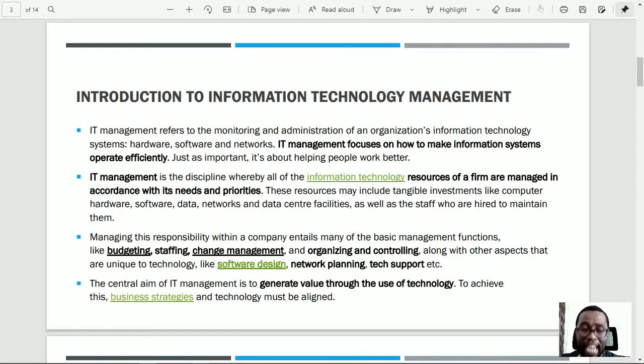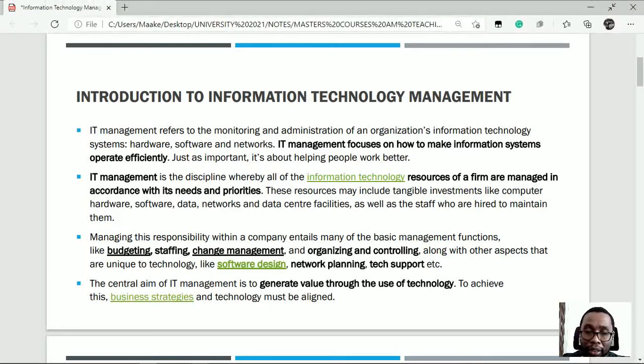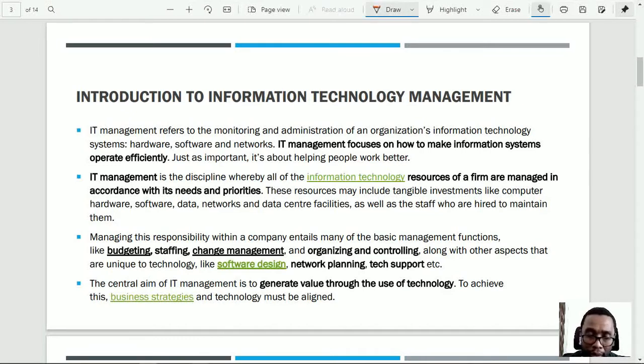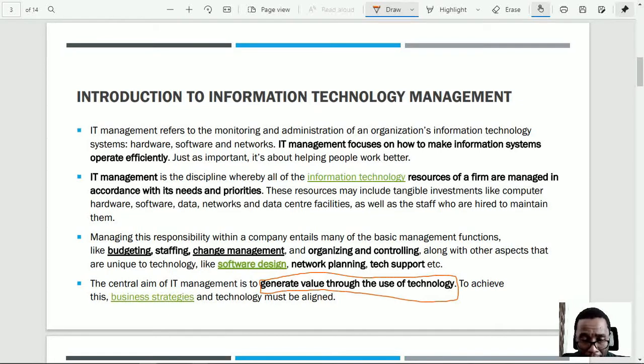So the central aim of IT management is to generate value through the use of technology. This is the most important thing that has to happen here. How would we generate value? Now, this means that the IT team needs to sit down, see all the business processes of an organization, and try to align them to technology, and to ensure that the alignment is geared towards improving the performance and, of course, generating more revenue.